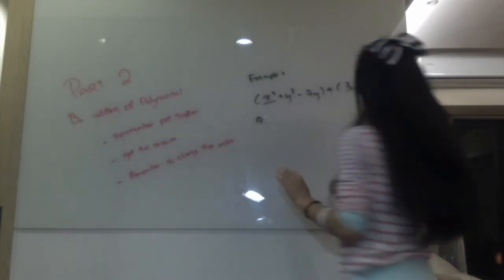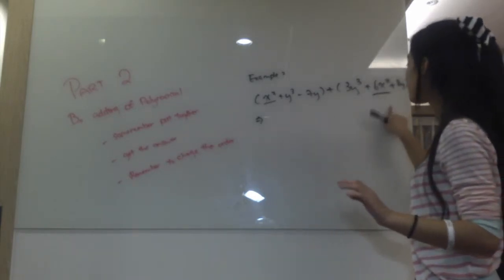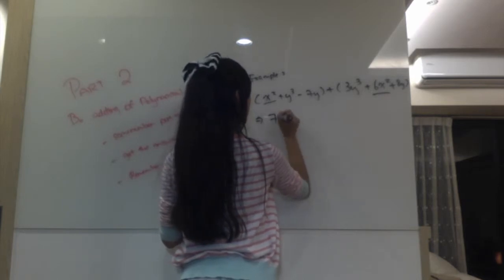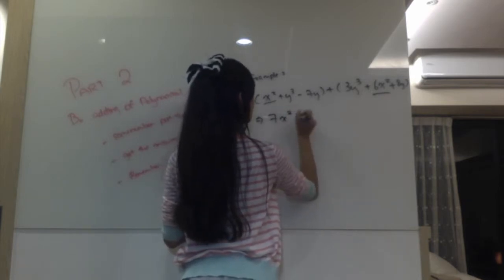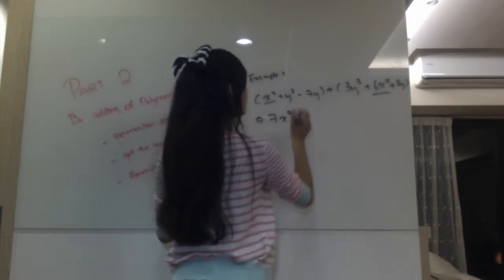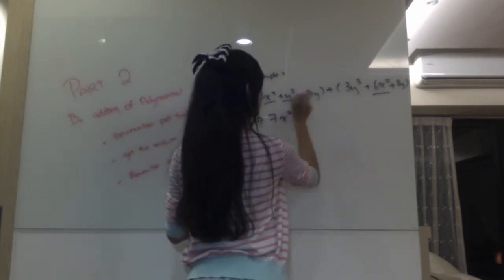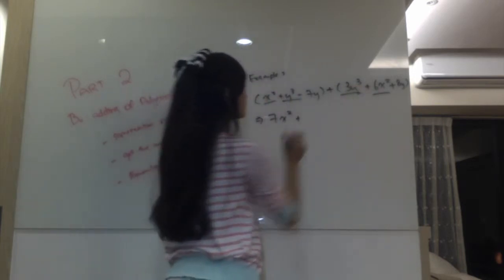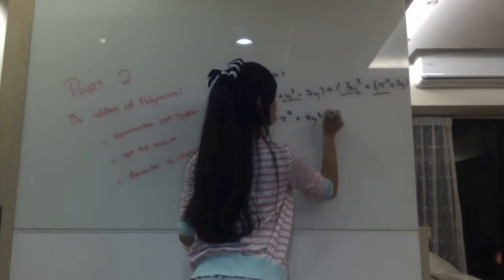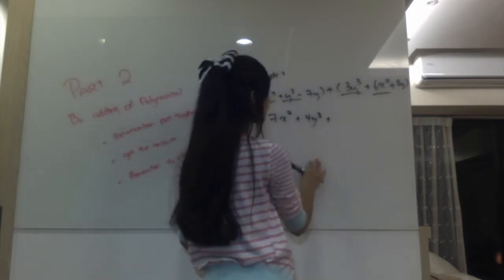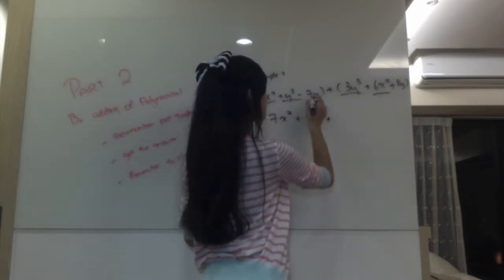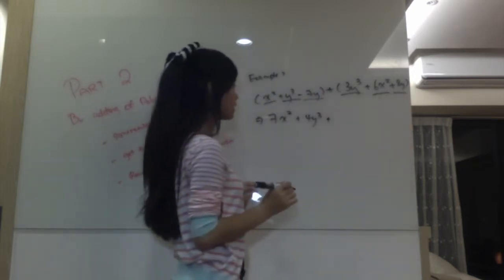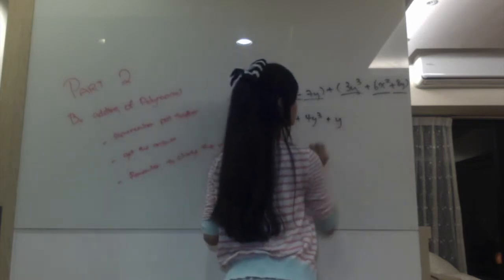So the same degree was 6x² and x², and added together will be 7x². And then with y³, we will add 3y³. It will be 4y³. The last one, negative 7y and 8y. It will equal y.